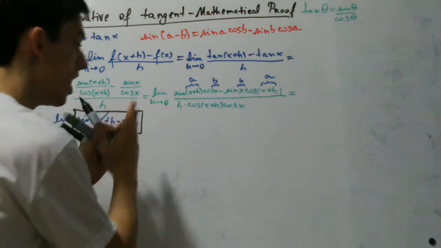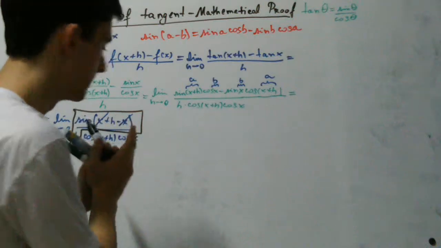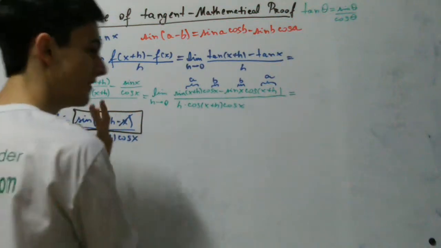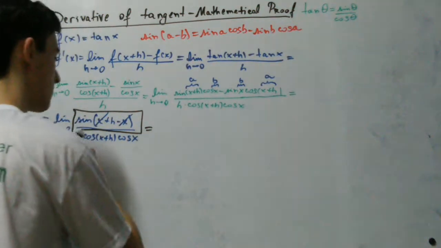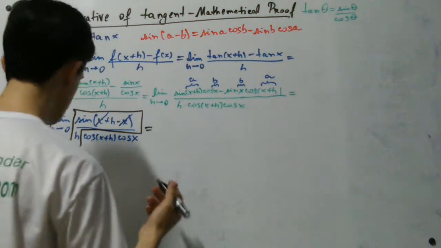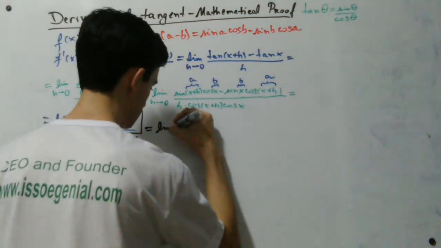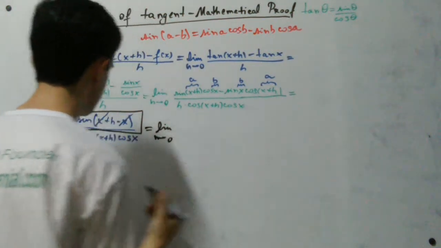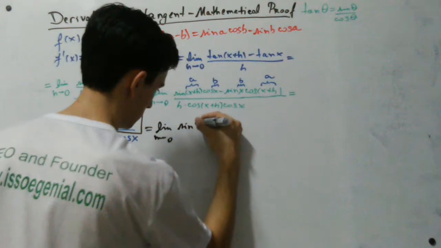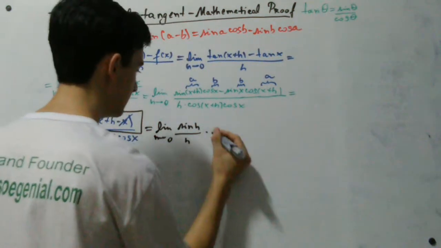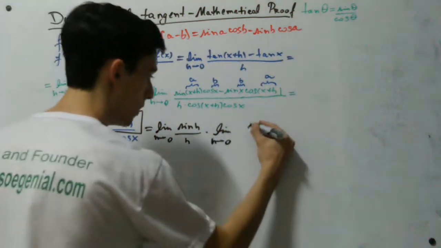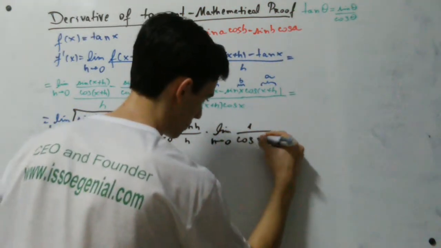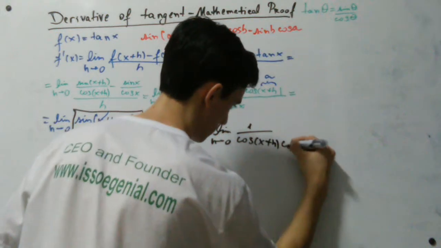We have the limit of two things being multiplied together. This is equal to the limit of the first thing times the limit of the second thing. We have already used this property in other videos, and this is just a property of limits. So this is the limit when h approaches 0 of the sine of h over h times the limit when h approaches 0 of 1 over cosine of x plus h times cosine of x.